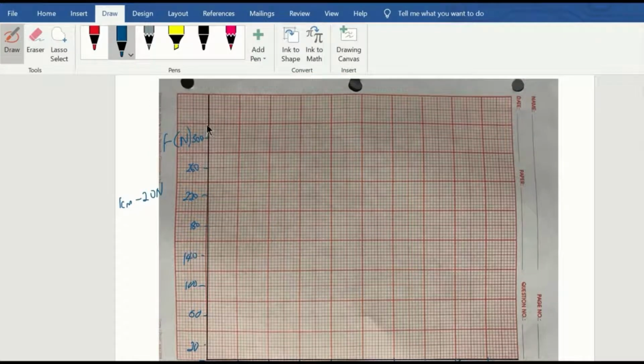This is 320, so this is 340. I believe the last value on our table for the load is 340, so I can stop right here.